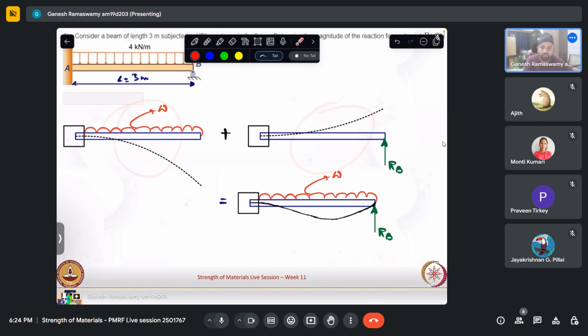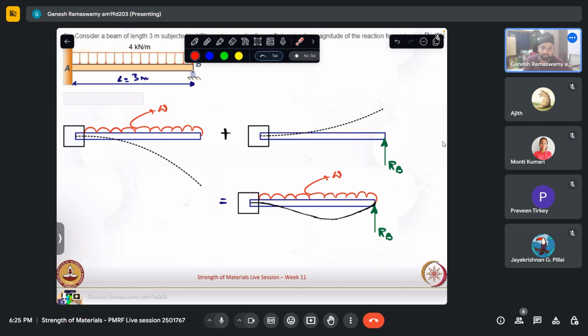Now we know how to calculate this quantity by our fundamental understanding of beam deflections. Same goes for this quantity where RB is some unknown, and these two nullify each other in order to bring the deflection to 0 at the free end, which is our additional equation using which we can actually find out what the value of RB is.